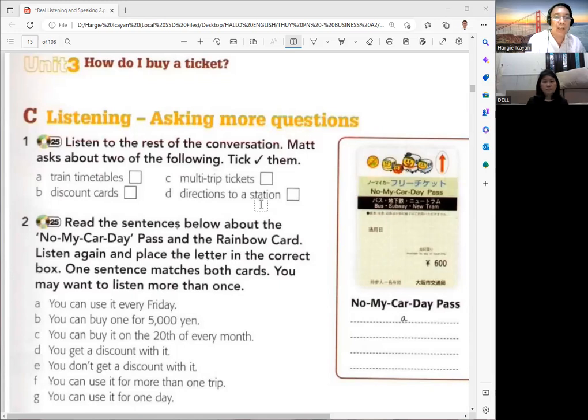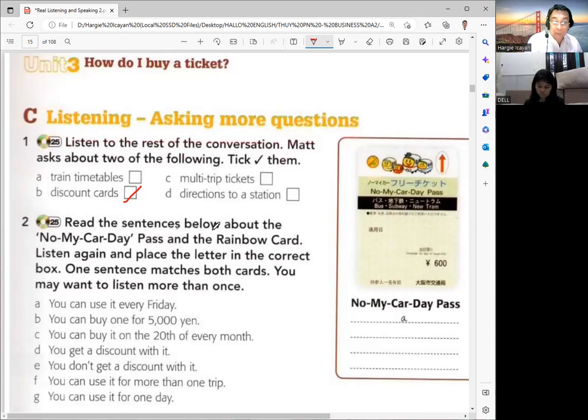Now, what do you think would be the two pieces of information that Matt wanted to understand? Is it that he asked about the train timetables, the discount cards? Okay, correct, he asked about the discount cards. Aside from that, what else? Did he ask about the multi-trip tickets or the directions to a station?